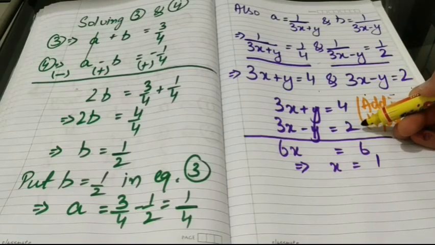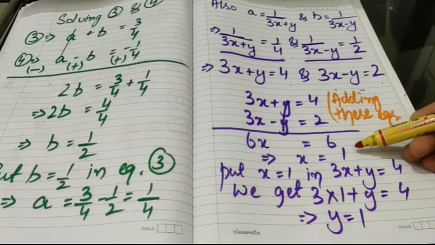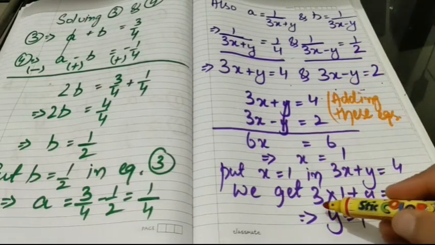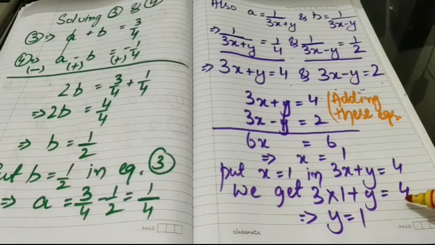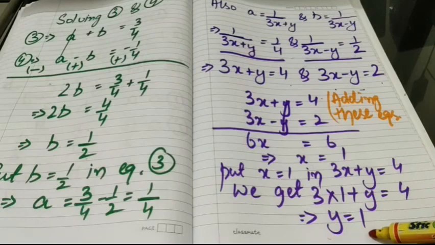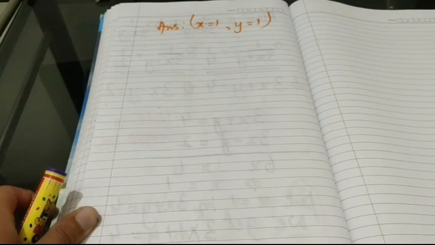That is how we can solve for y. If we put x equals 1 in this equation, we get 3 into 1 plus y equals 4. Then the value of y will become 1. That is our answer. So the solution of the given pair of equations is x equals 1 and y equals 1.